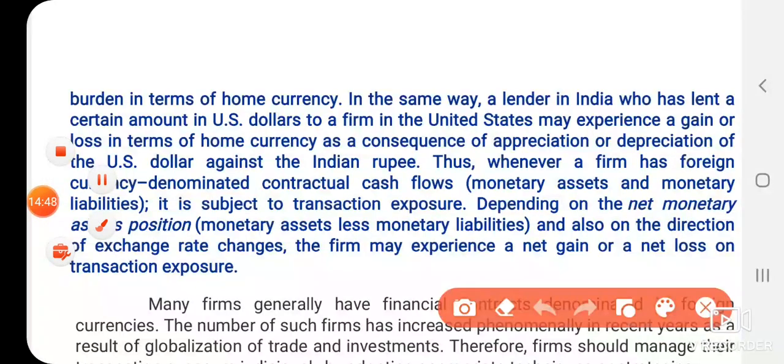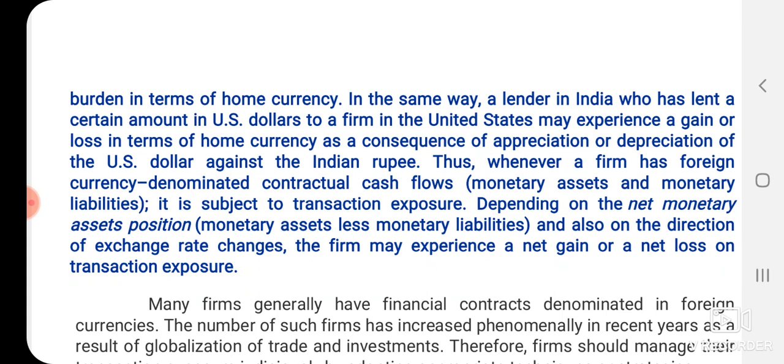In another way, we can see here, a lender in India who has lent a certain amount in US dollars to a firm in the United States may experience a gain or loss in terms of home currency as a consequence of appreciation or depreciation of the US dollar.